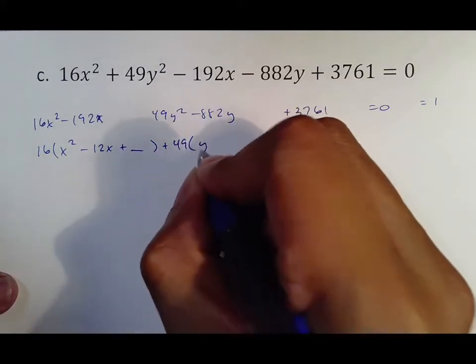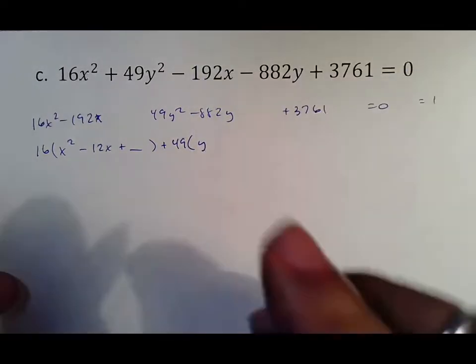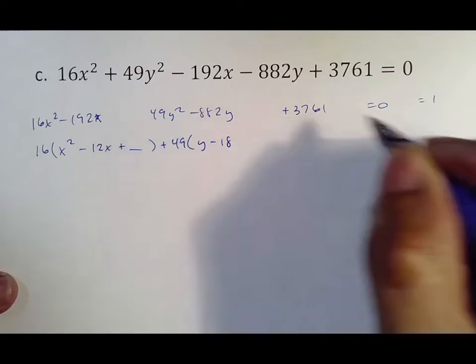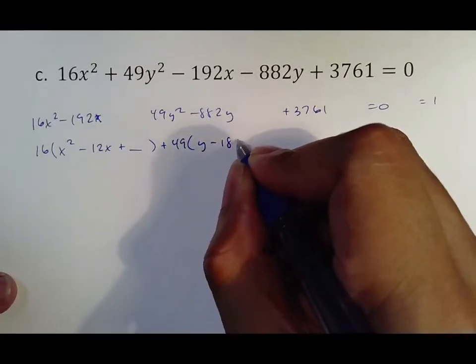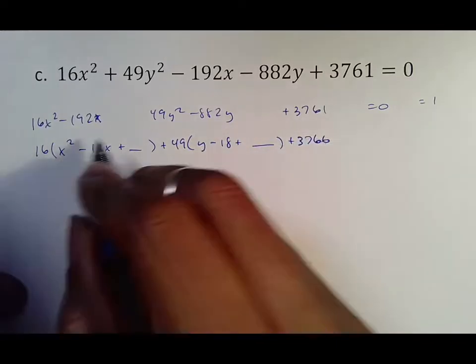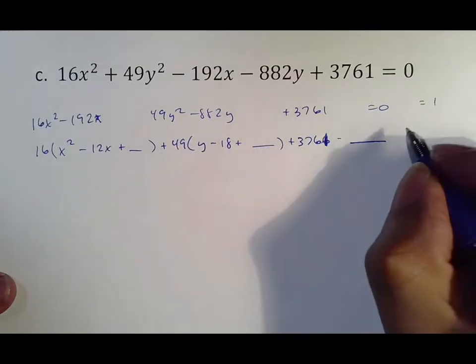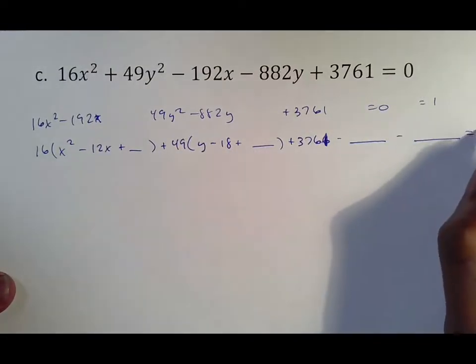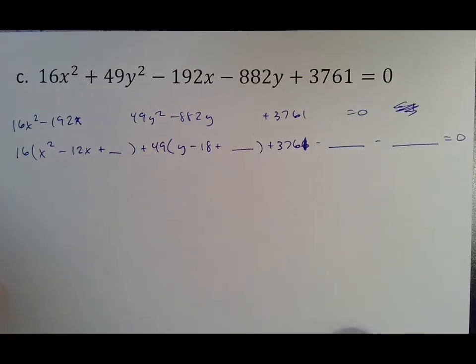Factor off my 49, giving me 18. These are both negative. Plus blank, plus 3761, because that's going to be positive. We want to subtract a blank for that. That still equals 0.